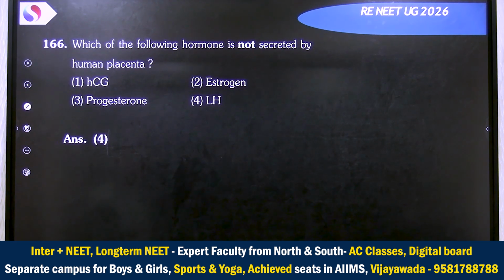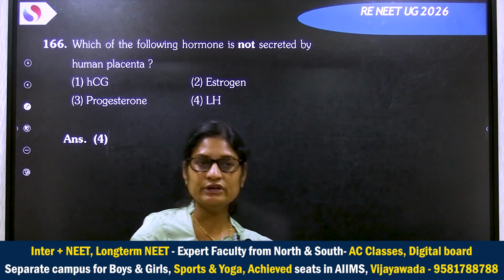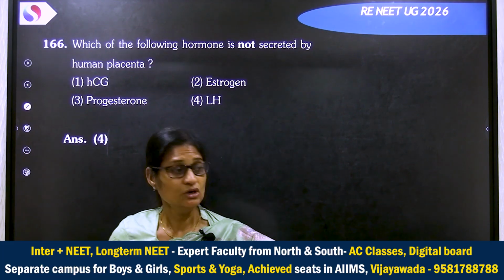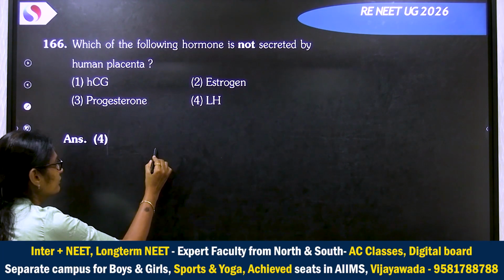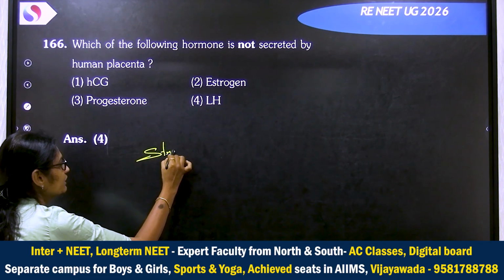Which of the following hormones is not secreted by the placenta? Placenta is the connecting link between mother and fetus. What is placenta? Immediately we think of human reproduction.